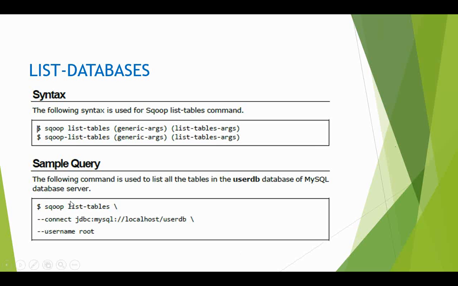This is the sample query: sqoop list-tables, then connect to MySQL DB and username. Here what is happening? This Sqoop is going to list all the tables present inside this MySQL user DB with the particular username and password.